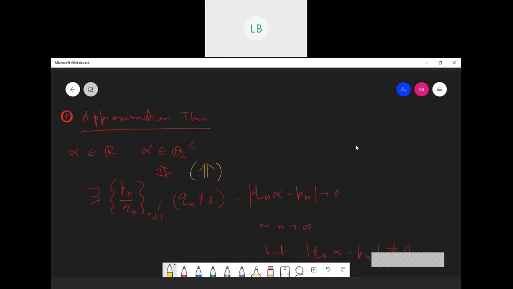This is like an Olympiad problem kind of thing, but easier than an Olympiad problem too. Will you try to prove this direction, or should I discuss the proof? Okay, as there is no answer, I will discuss the solution.